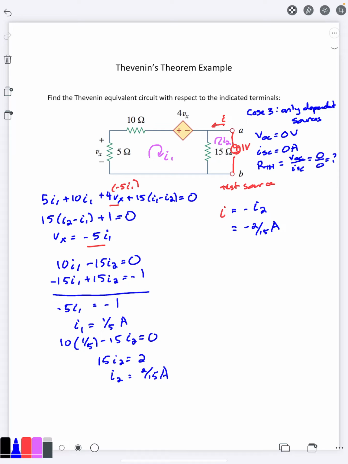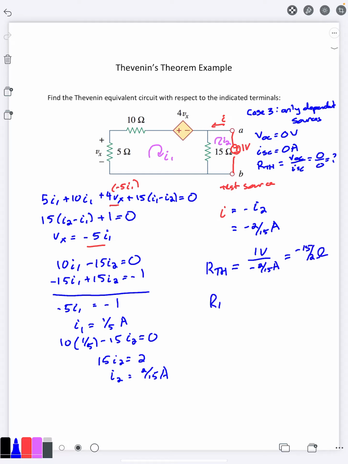And now that we have our I, we can say our Thevenin resistance is the 1 volt voltage source divided by the current coming out of it, negative 2/15 amps, which gives us negative 15 halves ohms.